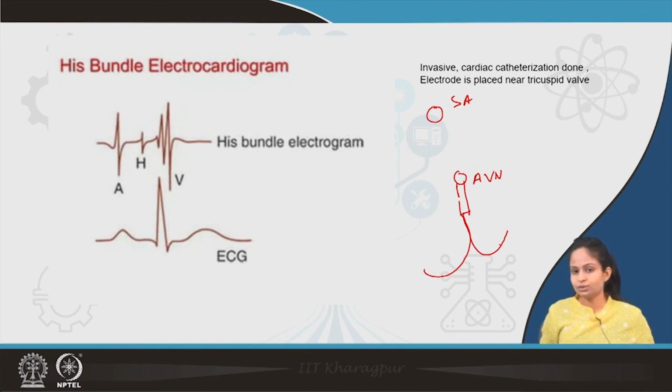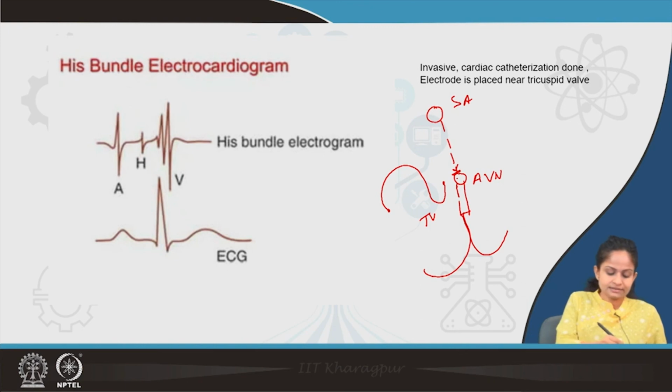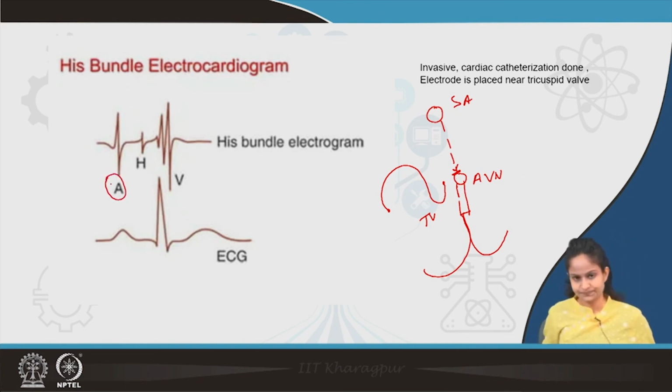At that time we have to do an invasive procedure, that is cardiac catheterization, where we insert a catheter with an electrode on the tip through a peripheral vein close to the tricuspid valve to measure the activity of the AV node. Whenever the impulse is travelling and comes to the AV node tip, we get the AV node activation.